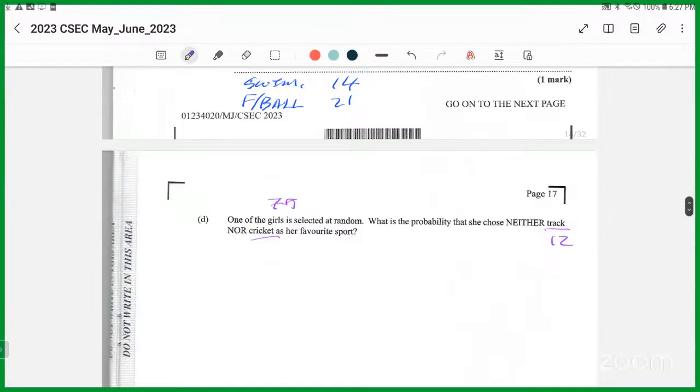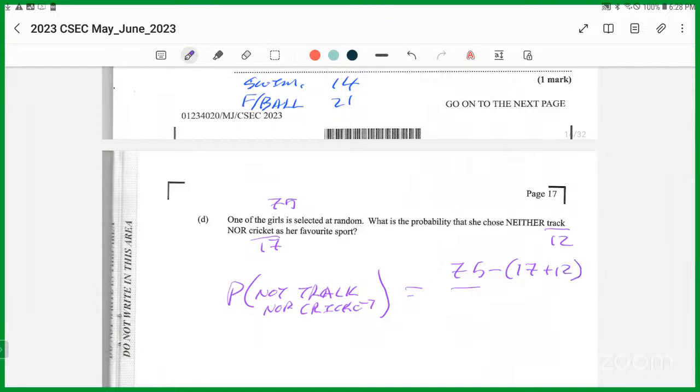So the probability of not track nor cricket, the rest of them, right? The rest of them, which is 75 minus 17 and 12, divided by the total of students, 75.